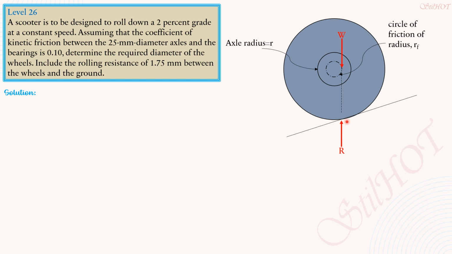So this is point B supposedly, and the angle here, the grade is 2%, or tangent of the angle is 0.02. So this is the line normal to the incline. So this is the R sub F, project it downward.